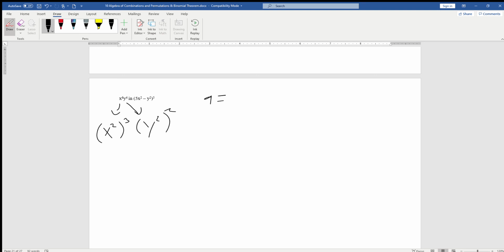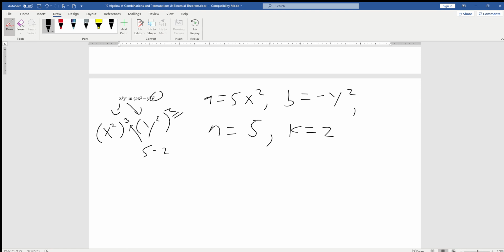So in this case, a is 5x squared, b is the second term, which is negative y squared, n is always going to be the power to which the binomial is raised. So in this case, it's 5. And then it makes sense that k is going to be 2. And the reason we can confirm that is because to get to that cubic, 5 minus 2 is going to be equal to 3 for that n minus k.